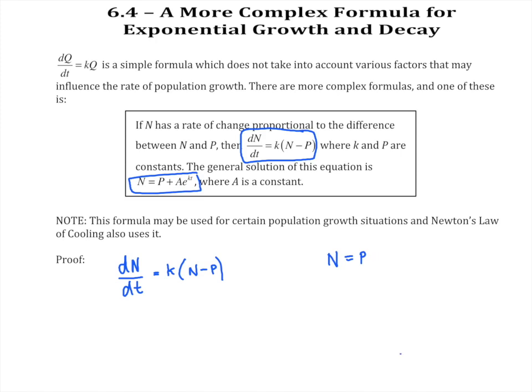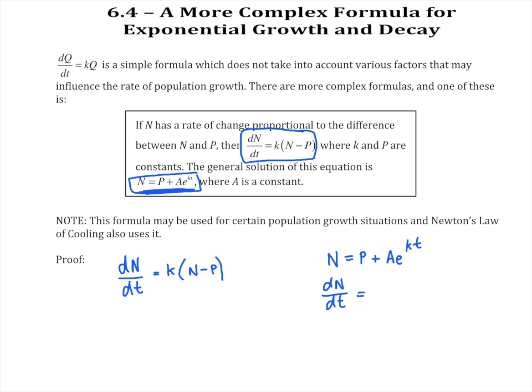So it's P + Ae^(kt). We actually start with our answer, if you like, and we're going to do something to it. Here it is. We're going to differentiate both sides. So the derivative of N is dN/dt. We differentiated N with respect to t.